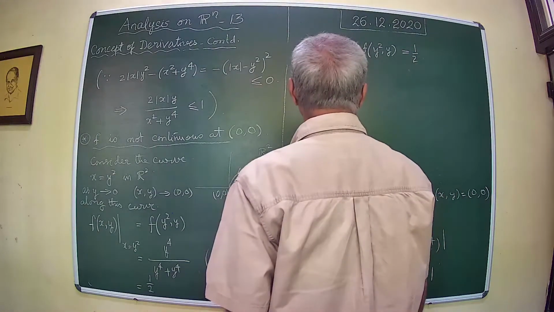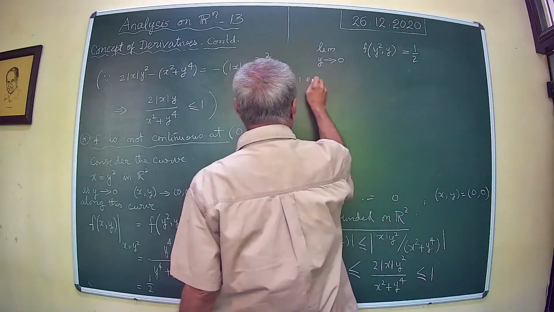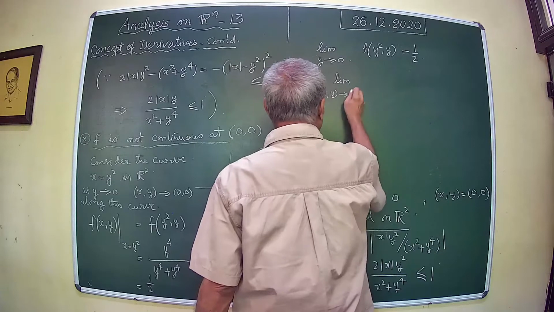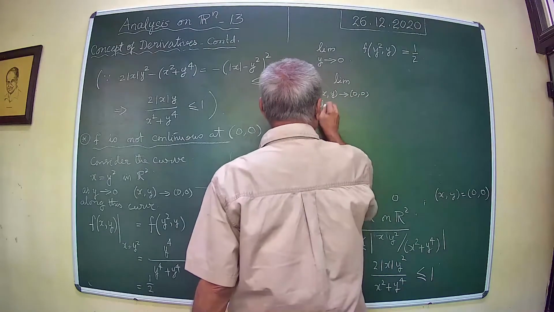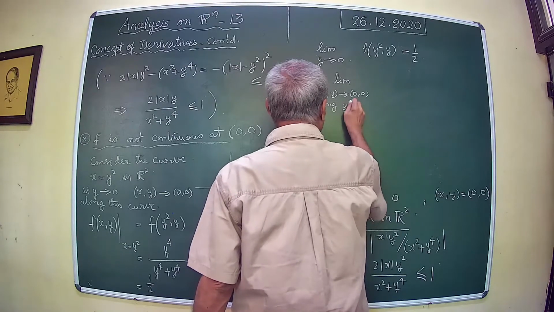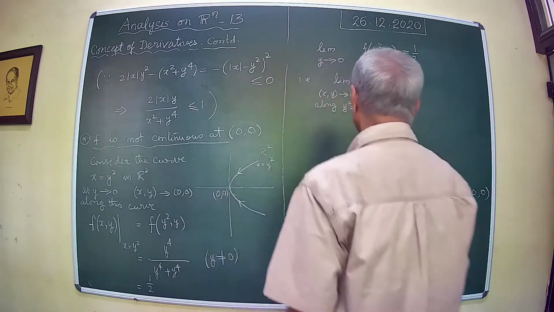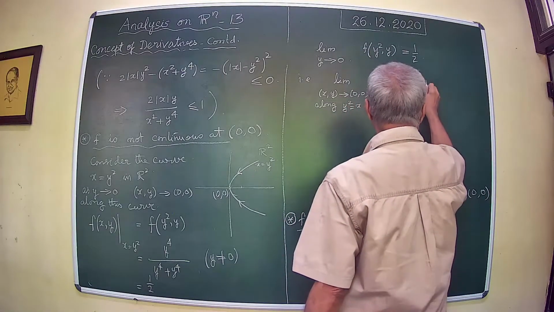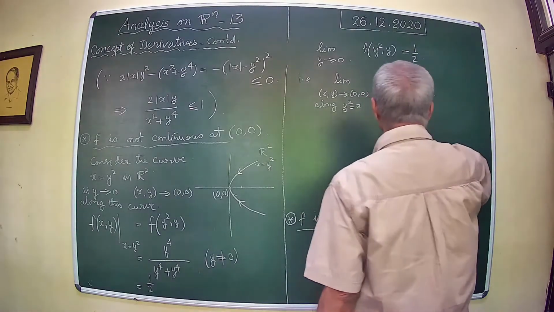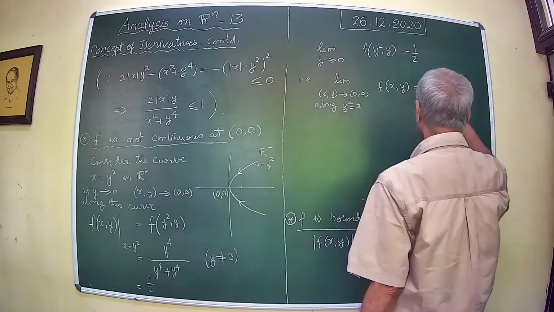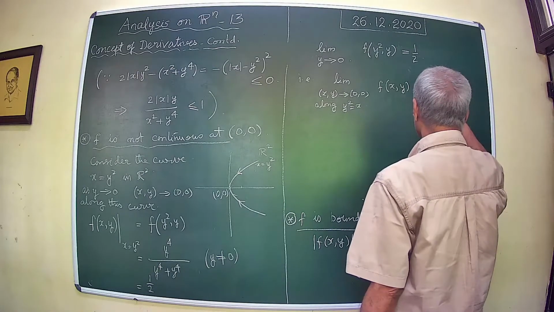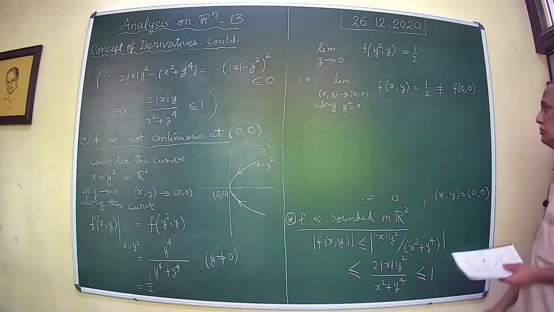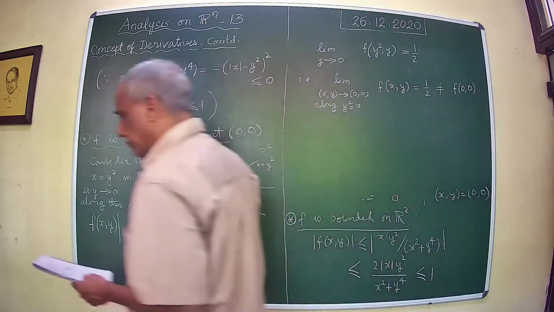That is, the limit of f of r, which is not equal to f of 0, 0. Therefore along this path f is not continuous.